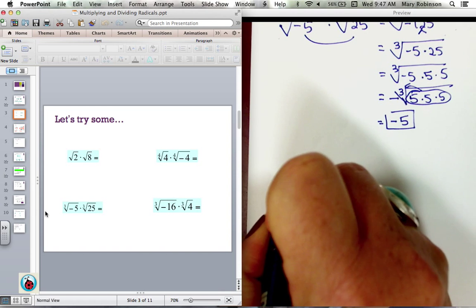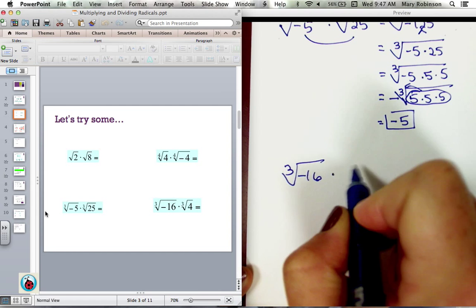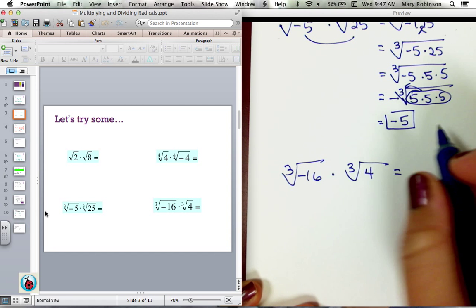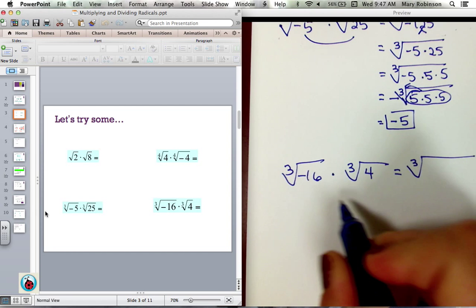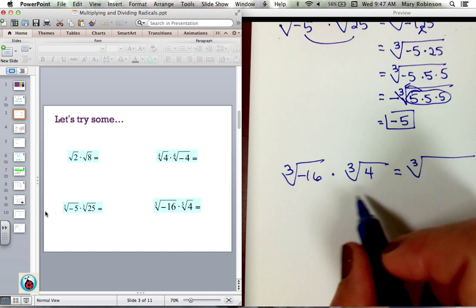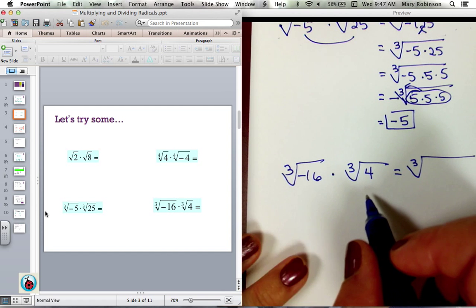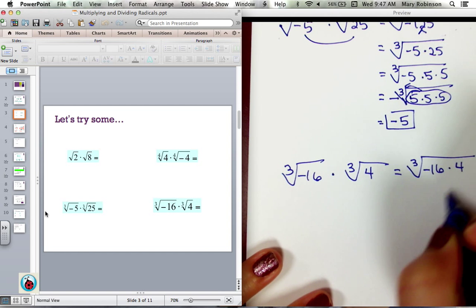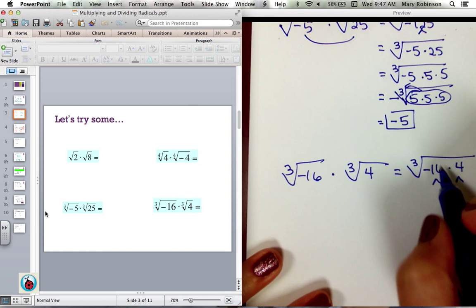Next, the cube root of -16 times the cube root of 4. When I multiply this, I have a feeling I'm going to have to simplify, because I may be able to form groups of at least 3 of the same factor. So I'm just going to write -16 times 4 in here and break these down.